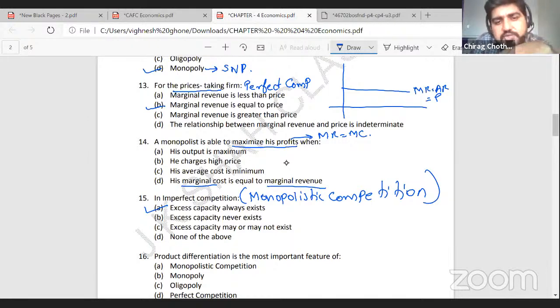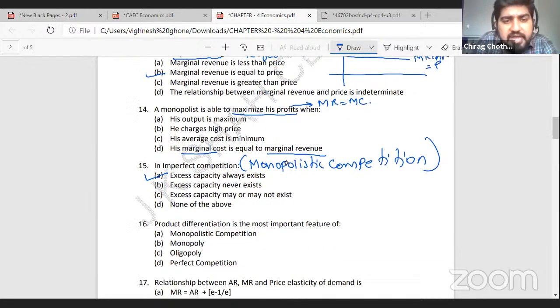Sure, let's go ahead. Product differentiation is the most important feature of dash. Now product differentiation, students, there has been a lot of confusion between monopolistic competition and monopoly. Oligopoly, there is slight product differentiation. In perfect competition, it is homogeneous product. But technically, if we talk about the market scenario which exists in the real market, monopoly offers slight product differentiation.